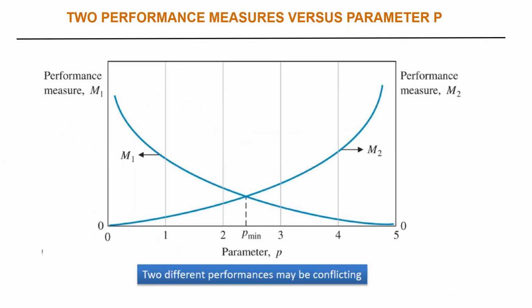Sometimes you have two performances for one parameter, and they might conflict. You satisfy one, and it will conflict with the other. So what you try to do is reach a compromise where you do well in both of them.